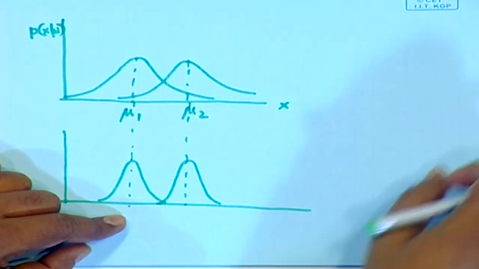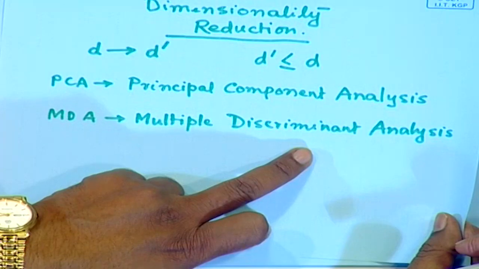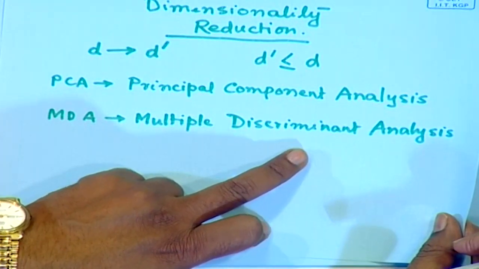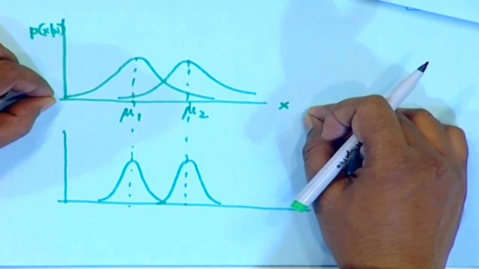So, this MDA approach, or multiple discriminant analysis, tries to increase the distance between the means, that is the interclass scatter, and at the same time it tries to reduce the within class scatter, or the variance of the feature vectors in the projected space. So, you benefit in both ways.